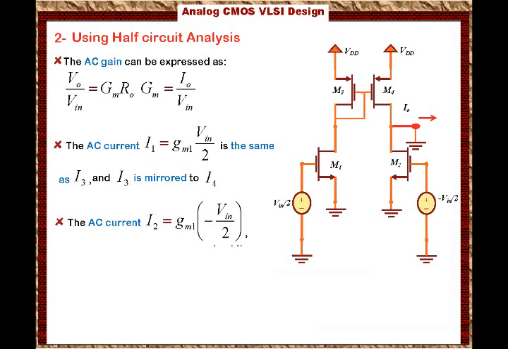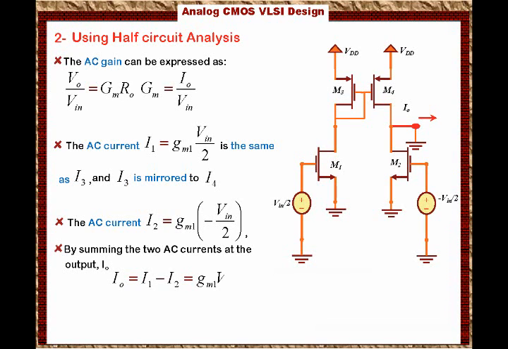Now we would like to sum the AC current at the output. So by summing the two AC currents at the output, IO is equal to I1 minus I2. Basically we used KCL here, and this will equal GM1 times Vn.